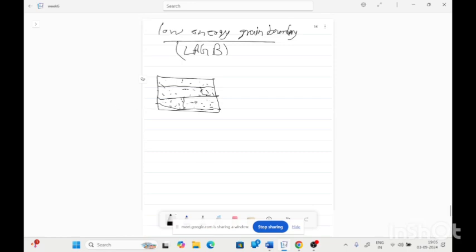These dots are shown to indicate the formation of strain free nuclei. So the strain free nuclei are formed throughout the part during the deformation. So this is cold worked material.